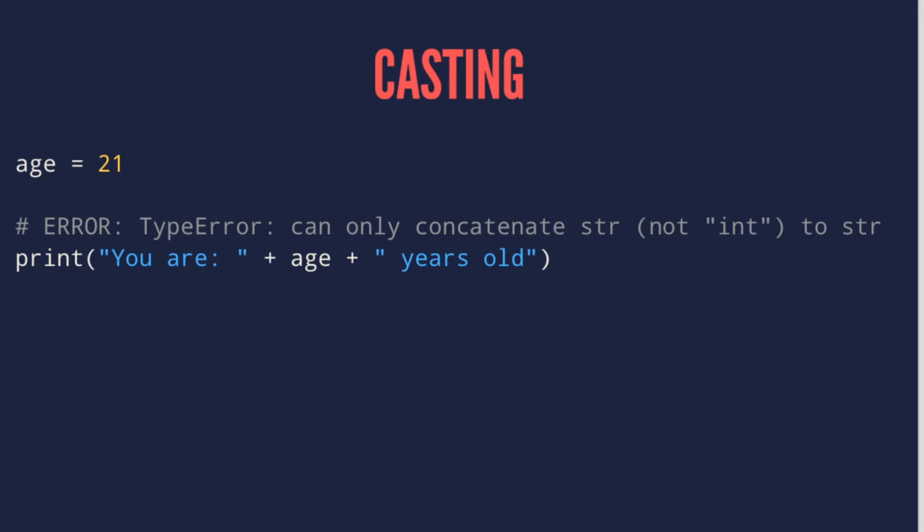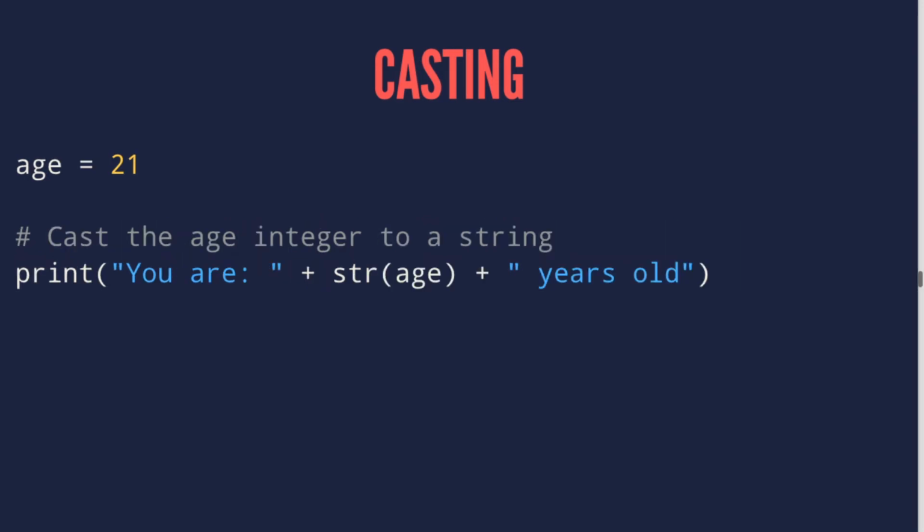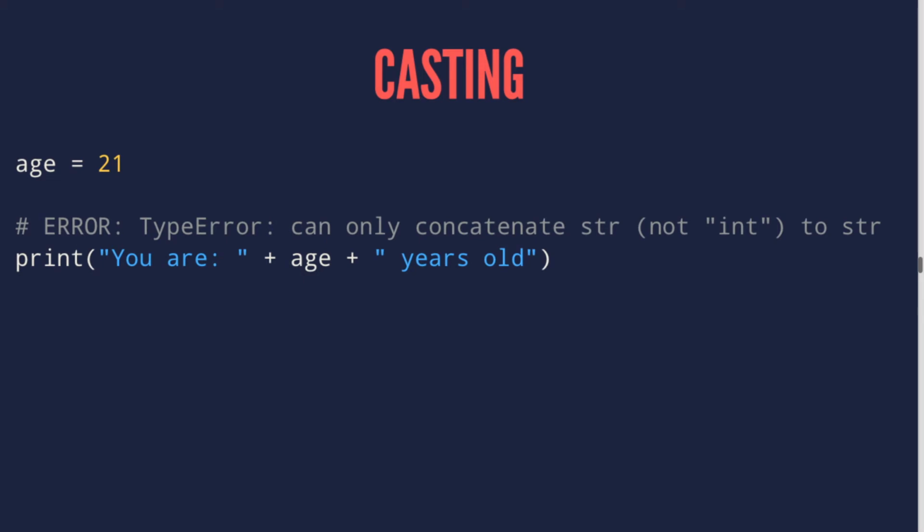So what you have to do is you have to cast that age into a string. So you can see here we've cast it by putting str and some brackets around the variable age, and that will now work. So you can just see above here this error. So if you get this error, it's because you haven't cast your integer into a string.